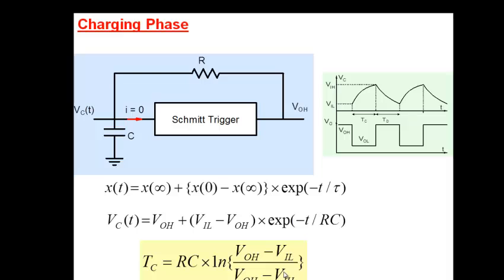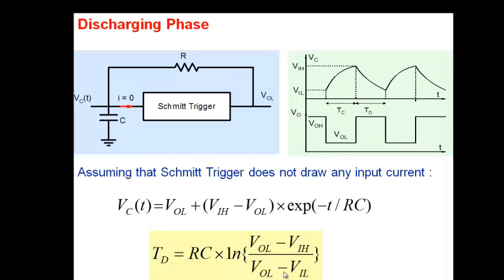Okay, and similarly, the discharge is also very similar here. In the discharge case, the capacitor is initially, remember, at VIH here, and the output is low, so the capacitor is discharging towards V0L. So capacitor is discharging towards V0L, and it will stop at VIL here, and so if you, in this discharge expression, put VIL, then you'll get the time it takes for the capacitor to discharge, this TD, right?